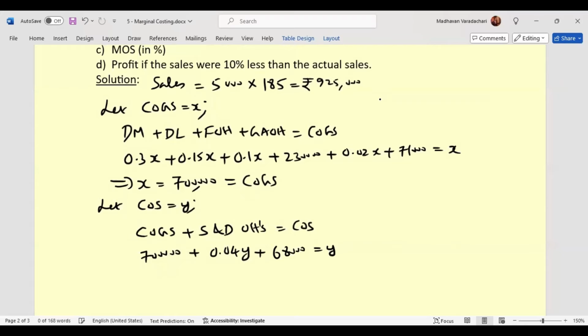That should give us Y, which means 7,68,000 should be equal to 1 minus 0.04, we get 0.96 times Y. If I solve this, Y will be rupees 8 lakhs. That is our cost of sale.